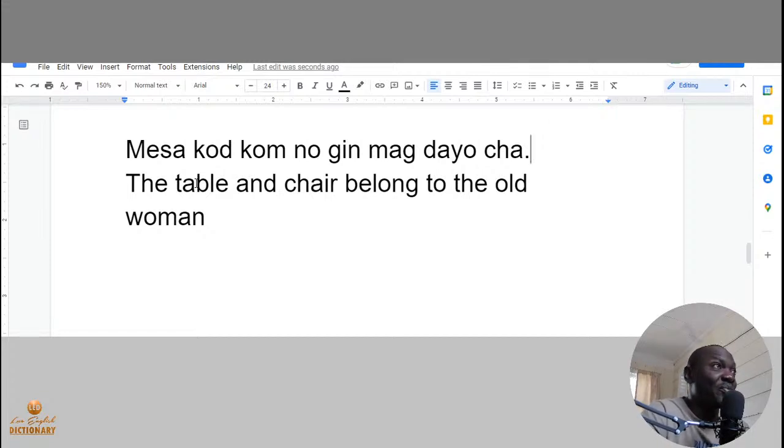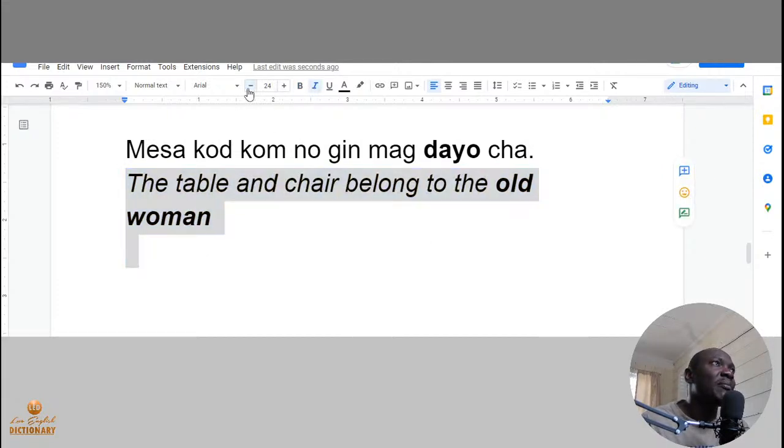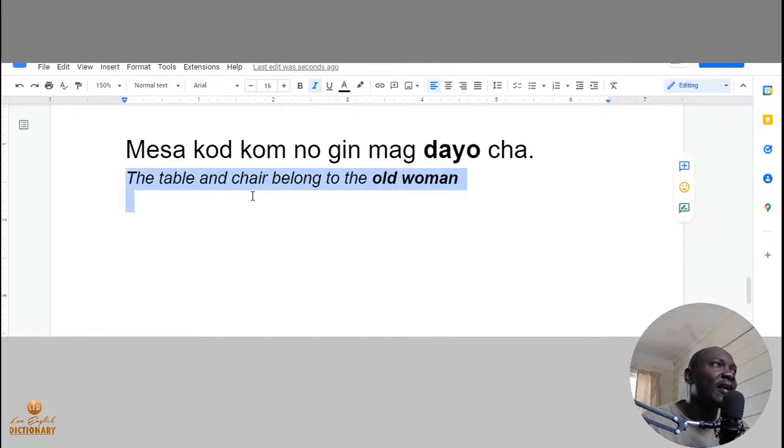Whatever they came to do. Mesa kod kom no gin mag dayocha. So they belong to that old woman. Dayo is an old lady. An old lady is dayo. So mesa kod kom no gin mag dayocha. They belong to the old woman.